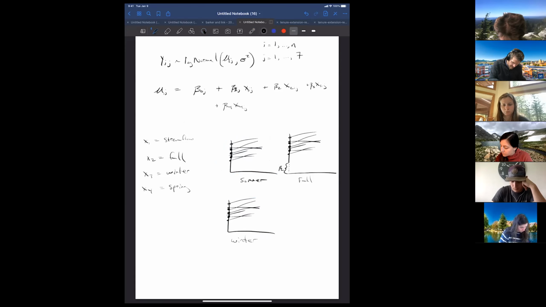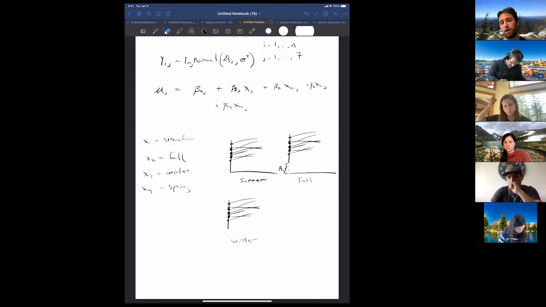And let's say beta 3, which is the covariate for winter, is negative. So this whole plot gets shifted down relative to summer.